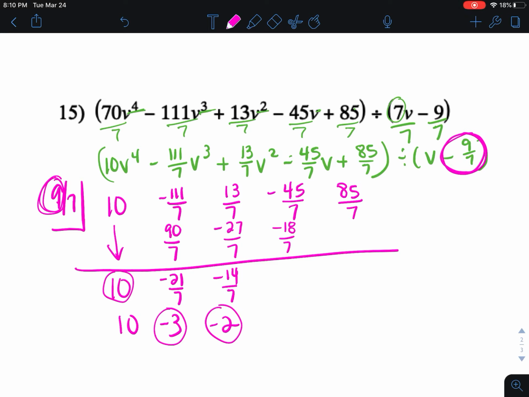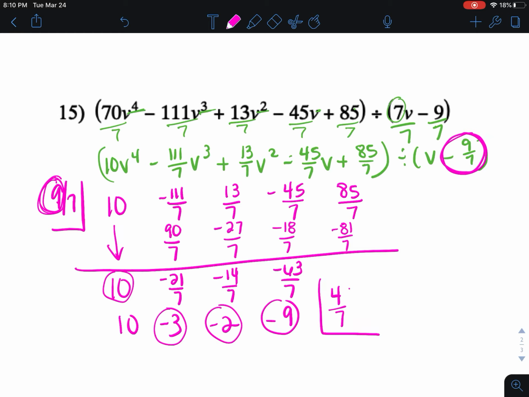So when I add those together, that's going to give me negative 63 over 7, which is negative 9. And now we're going to take negative 9 times a positive 9 and get negative 81 over 7. And we're going to end up with a positive 4 sevenths. Now remember, last number is always your remainder.